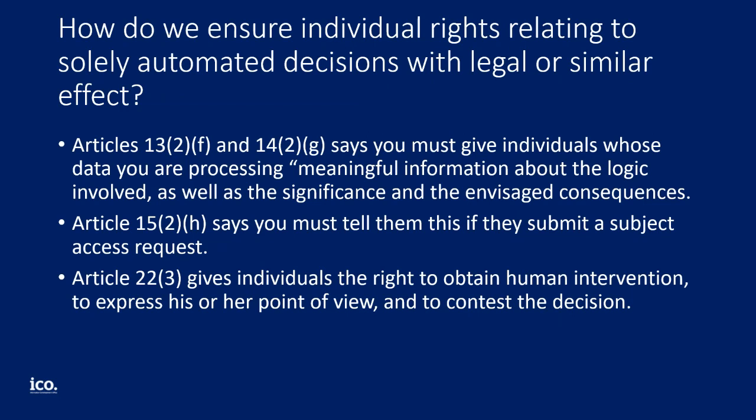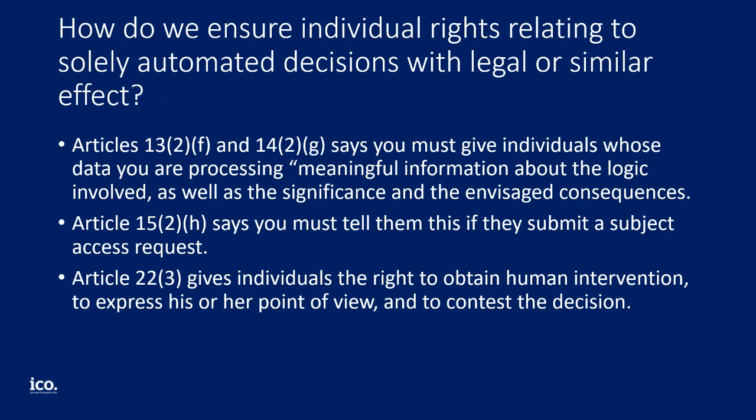So those include Articles 13 and 14, which talk about information that has to be given to the individual, meaningful information about the logic involved in processing, as well as the significance and the envisaged consequences. Abby will be talking more about this later on.